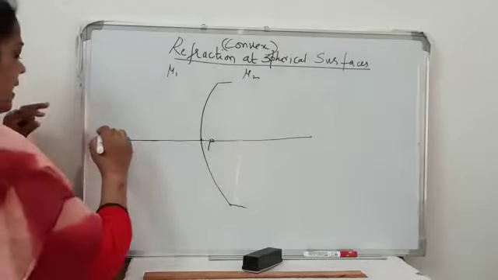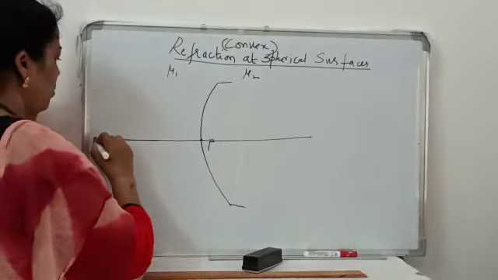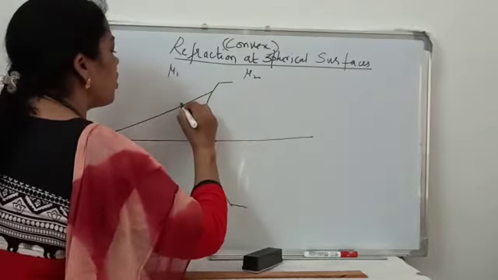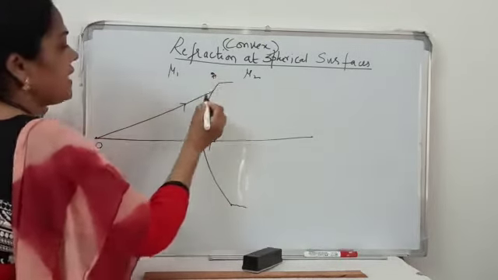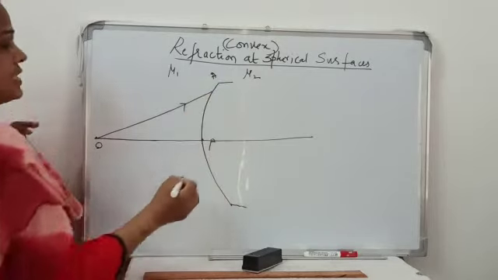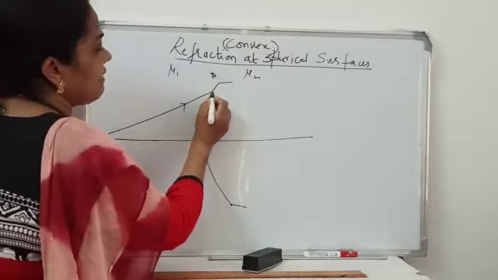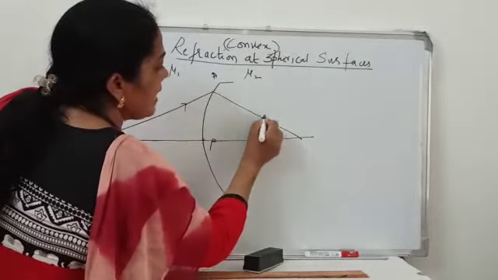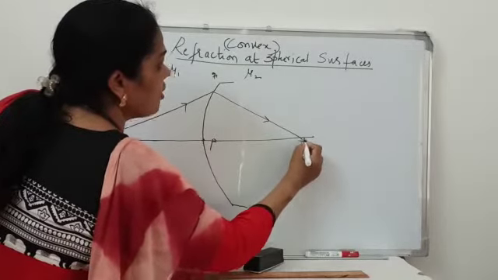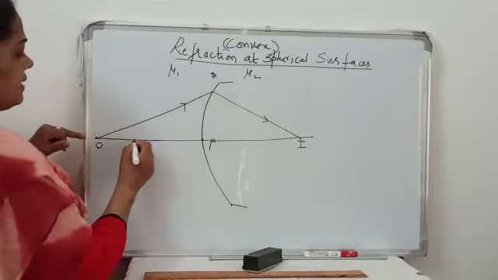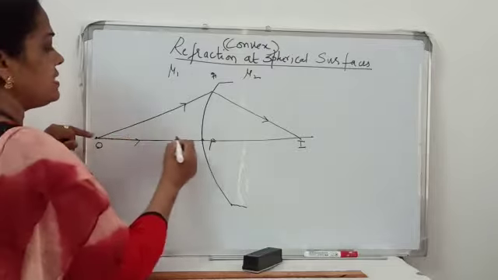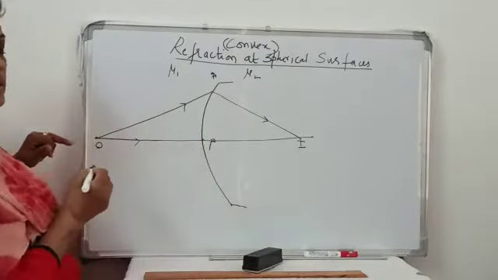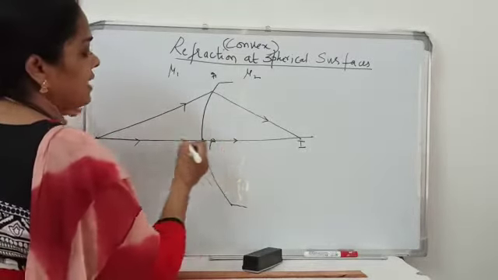Now, a ray of light from this point object O is incident along OA, and it reaches the point A on the surface. Immediately it gets refracted along AI. Another ray of light from O is incident normally on the surface, and it goes without any deviation.